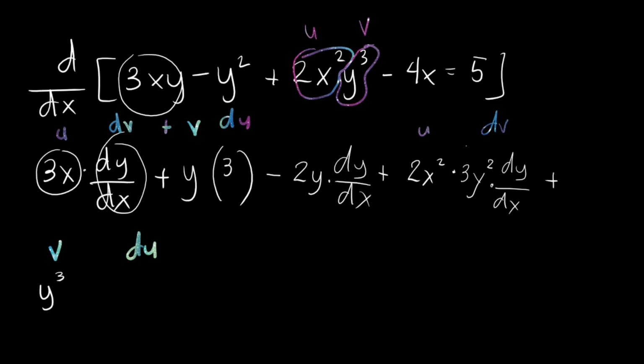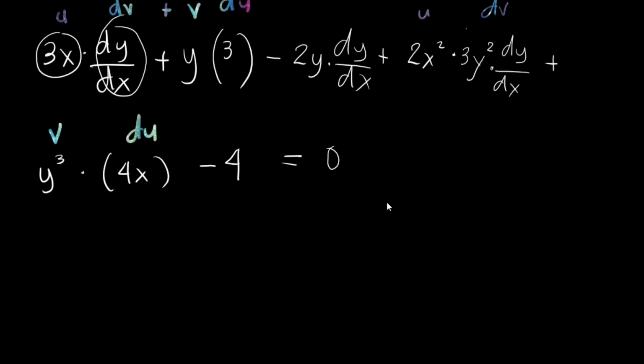That will be 4x. Okay? Y cube times 4x minus derivative ni 4x with respect to x. That will be equal to negative 4. Tama? Dahil x raised to 1 minus 1, that will be x raised to 0, and x raised to 0 is equal to 1. Equal sa derivative ni 5, ang pinakamahirap sa lahat, 0.